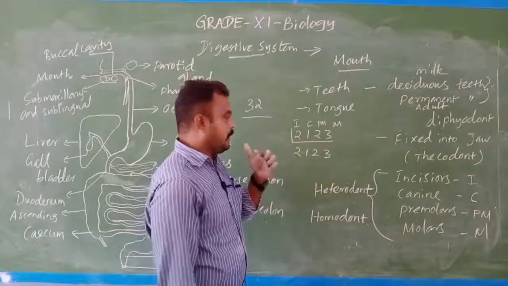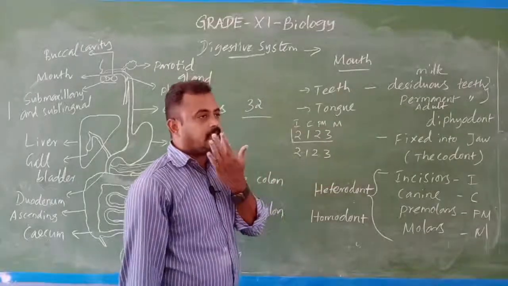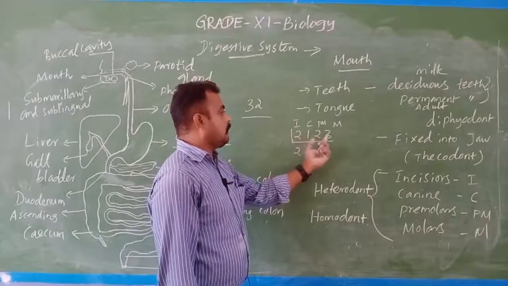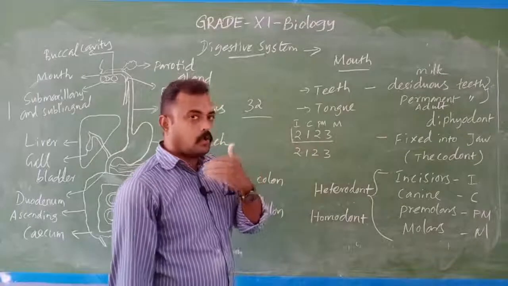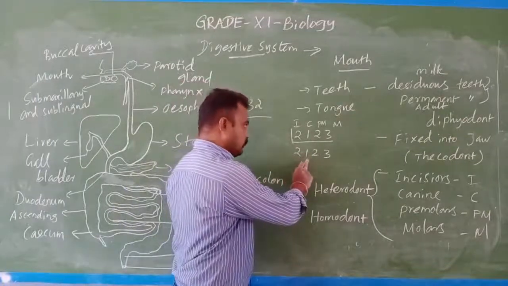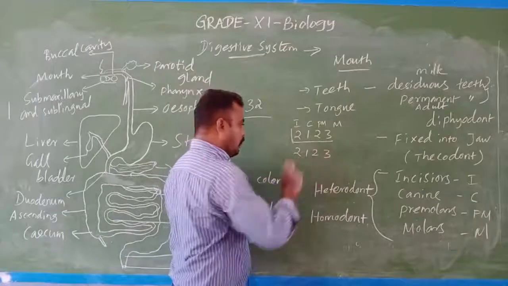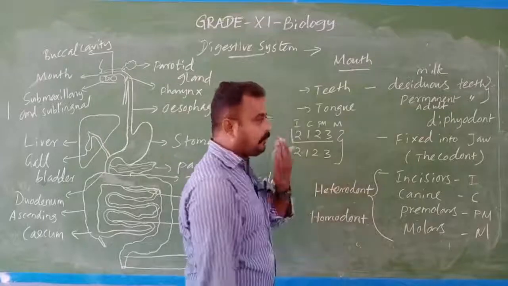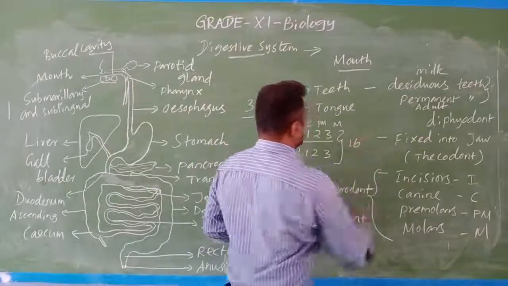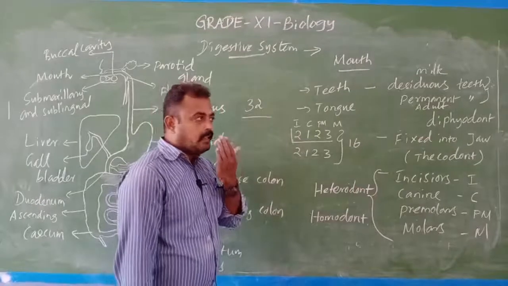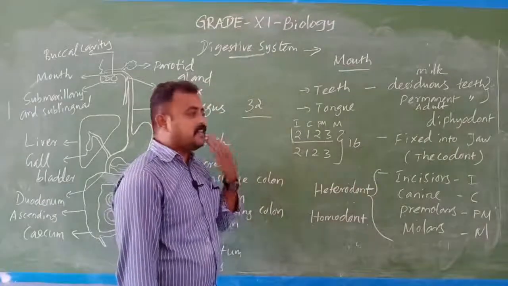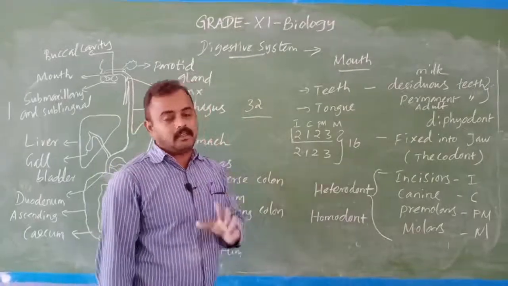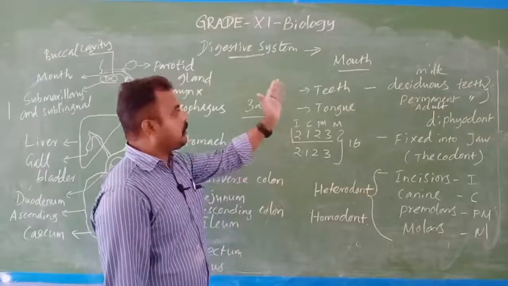The same in the lower jaw: incisor 2, canine 1, premolar 2, molar 3. So in half of the side, totally 16 teeth will be there. The other half also has 16. So totally we have 32 permanent teeth in an adult human being. Okay, that is about teeth.